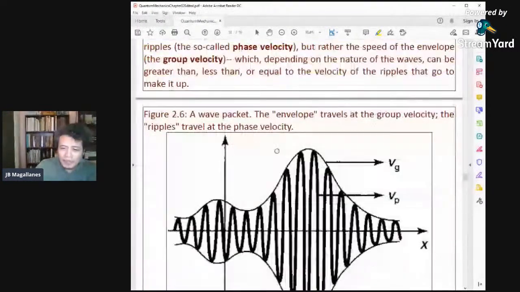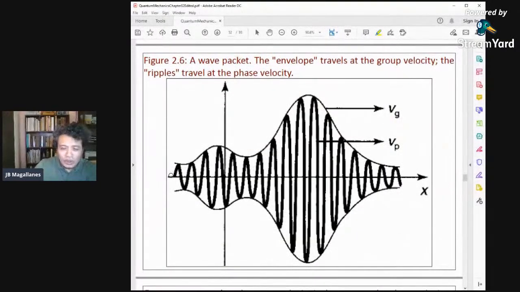This is the geometrical representation of the wave function of a free particle. Look at this. It doesn't have a constant amplitude. Here you have a small amplitude, then a large amplitude, then smaller again, large, and then it goes to a smaller amplitude.